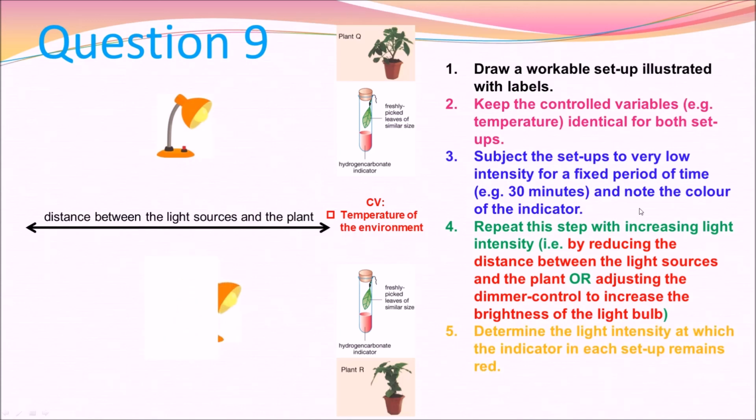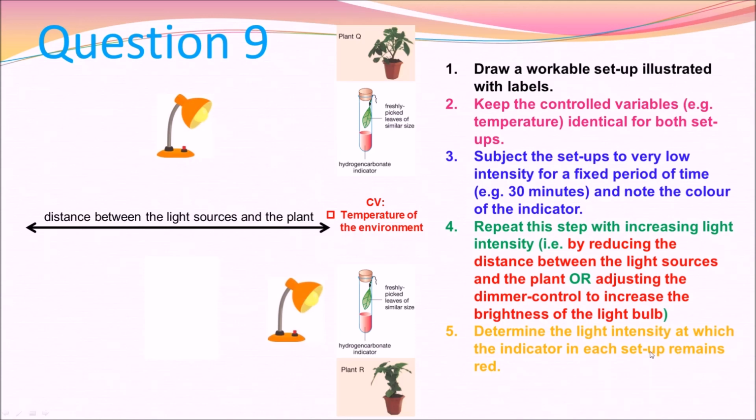Then determine the light intensity. For example, for plant Q, when it is moved to this distance from the light source, the indicator solution remains red already. But for plant R, it doesn't remain red at all. It's still yellow, not purple, yellow, meaning higher CO2. So I need to move the light bulb much closer to the boiling tube, and continue until, in both setups, the indicator remains red.